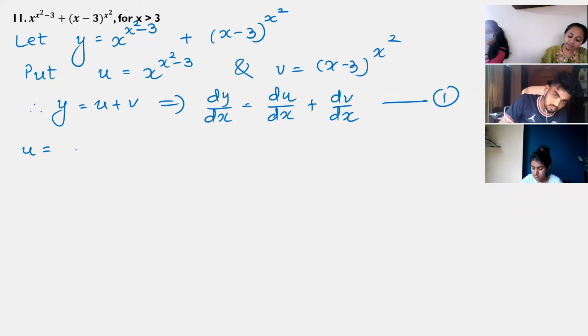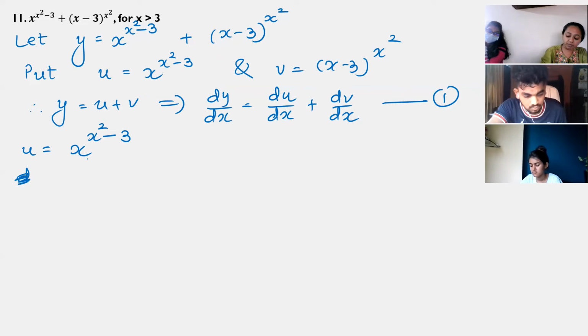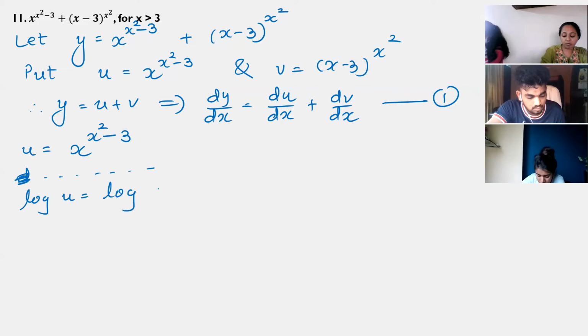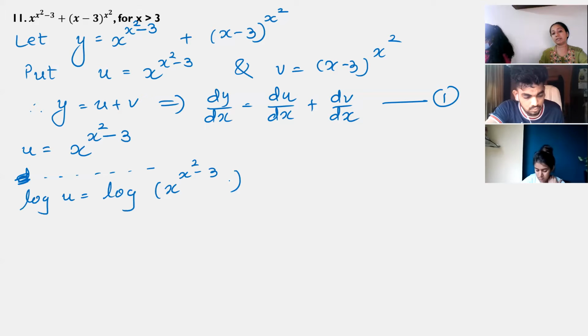We start from u = x to the power (x² − 3). We are taking logarithm on both sides. That means log u is equal to log of x to the power (x² − 3).